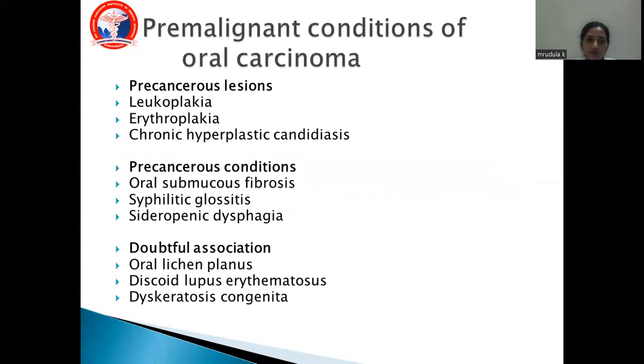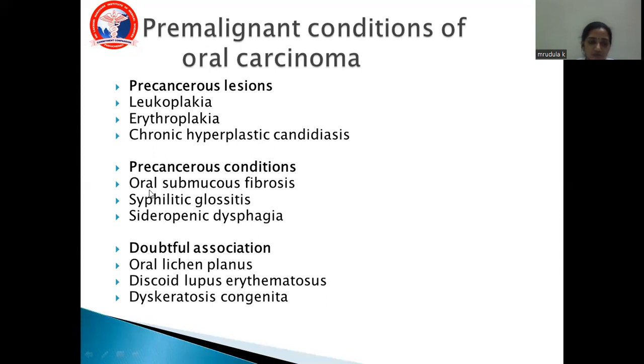So this is an important slide which shows the pre-malignant conditions of the oral cavity. The pre-malignant or precancerous lesions include leukoplakia, erythroplakia, and chronic hyperplastic candidiasis, which are divided into low risk and high risk conditions, intermediate risk, and doubtful association.